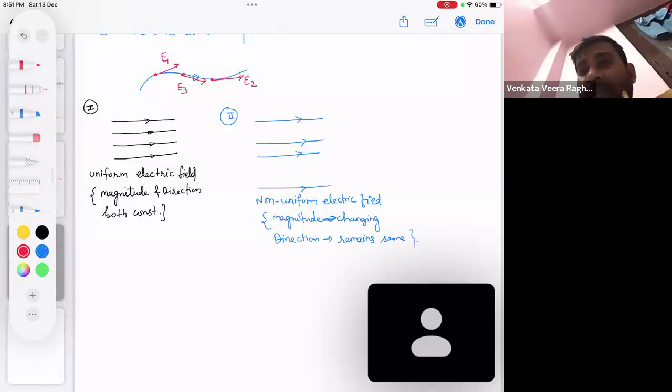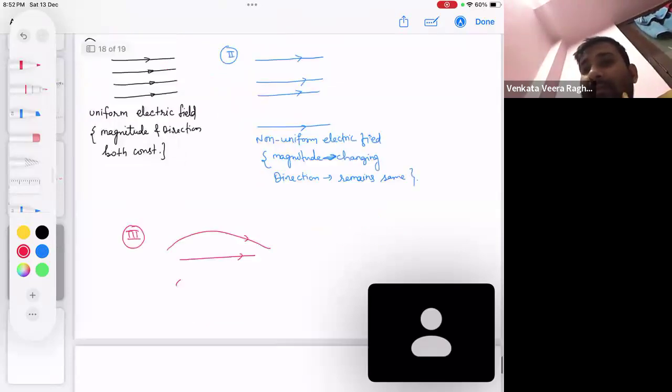And the third case. This is the third case. Can you tell me what this field is representing? This is also a non-uniform field. And in this case, can I say that the magnitude is changing continuously at different points and the direction is also changing?